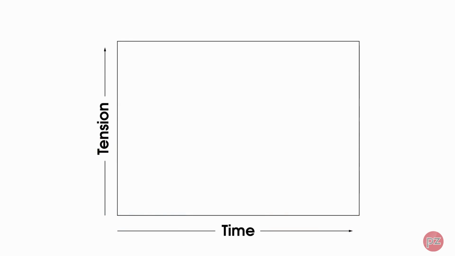Frequency summation can be best explained using a myogram, which is what you can see on screen. On the y-axis we have tension, and on the x-axis we have the time, and this is all happening within a single muscle fiber. You'll remember that all muscles have that refractory period, which is where if a stimulus is applied during that time, they can't contract again. But after that period, they are ready to receive another stimulus.